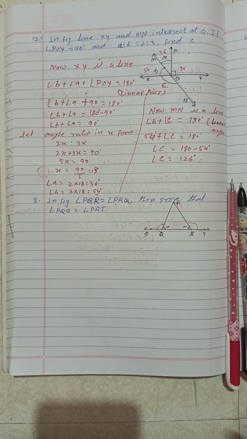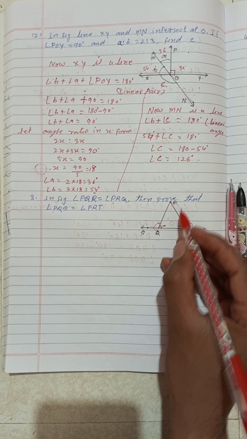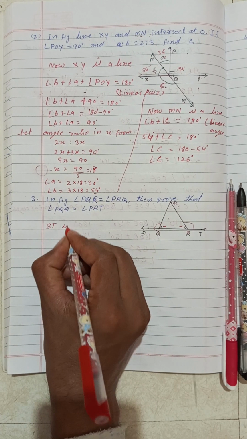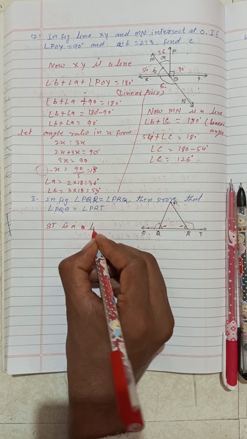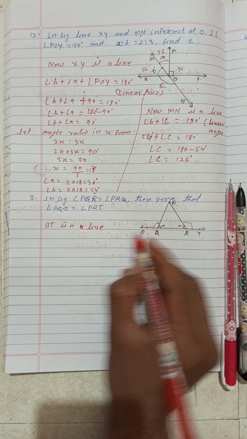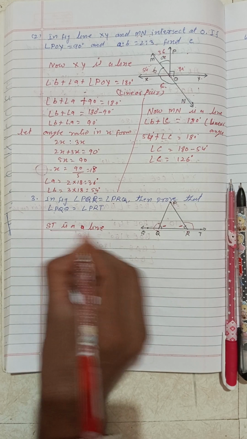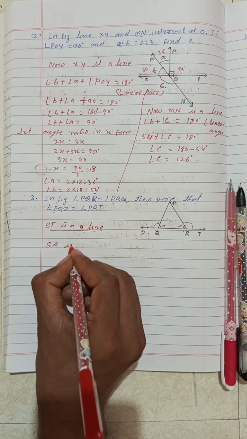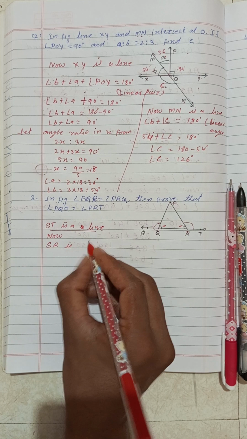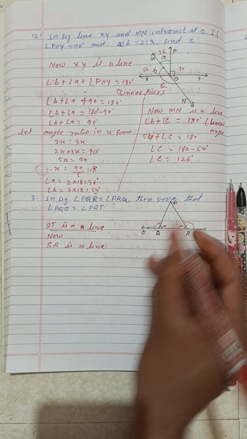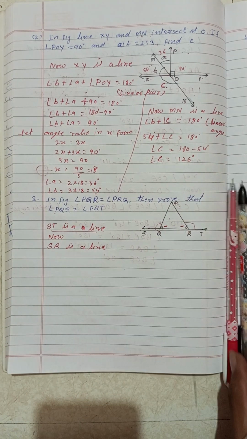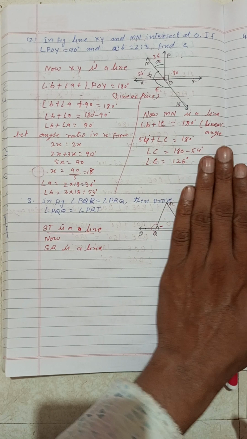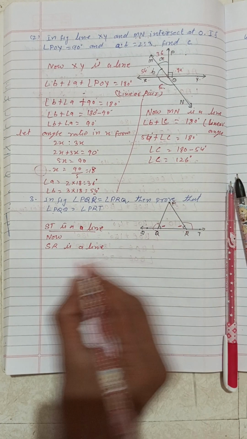Proving it: T is a line. In that, we are taking this as the main line, the line SR. As SR is a line, we can see only this much of the line. So what can we write?